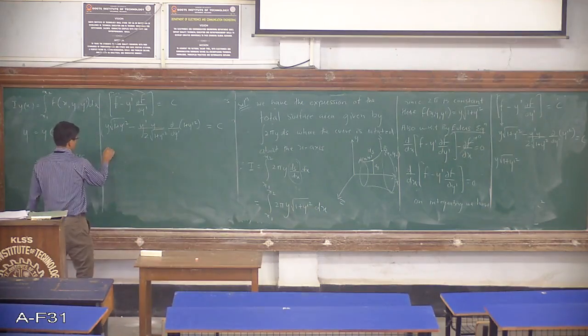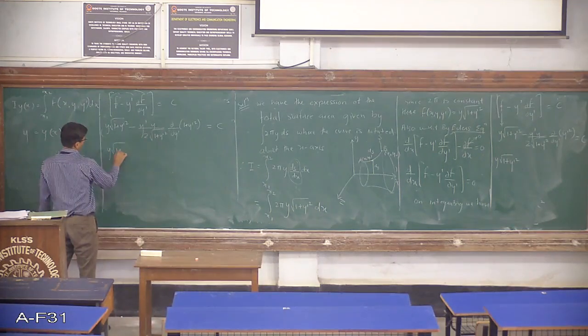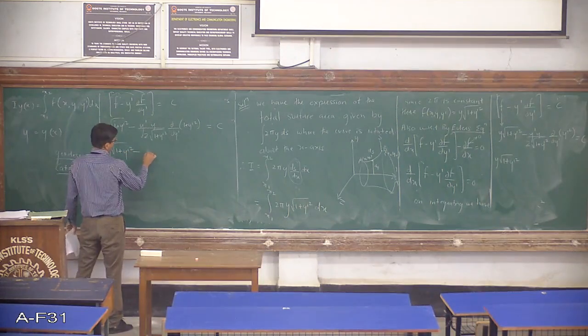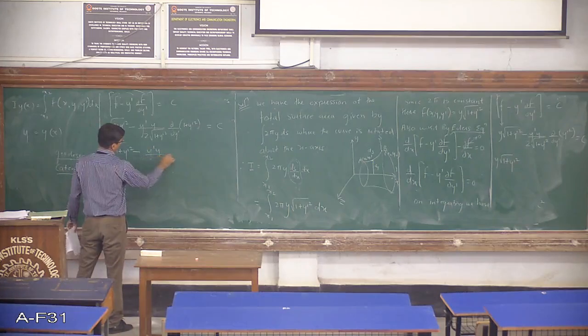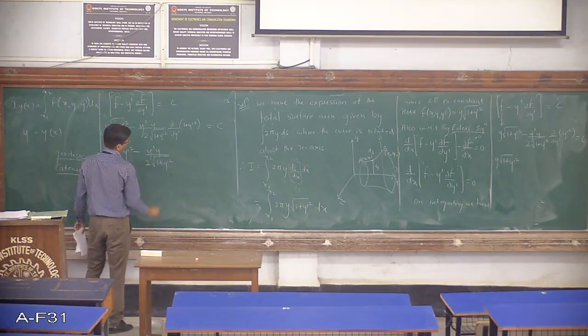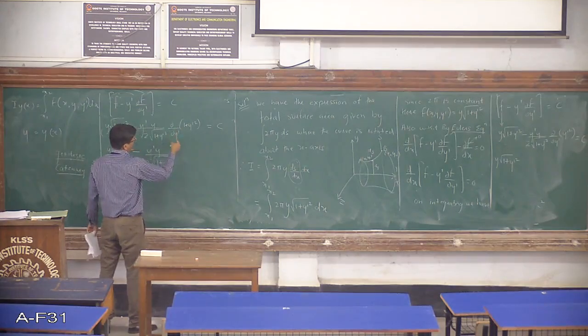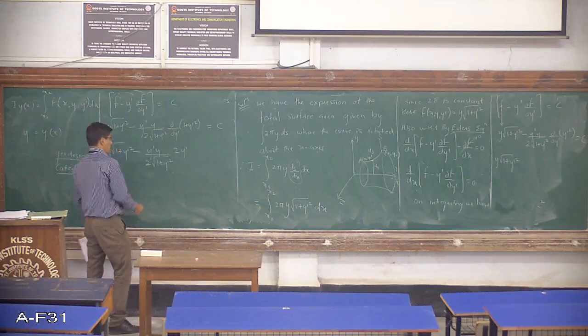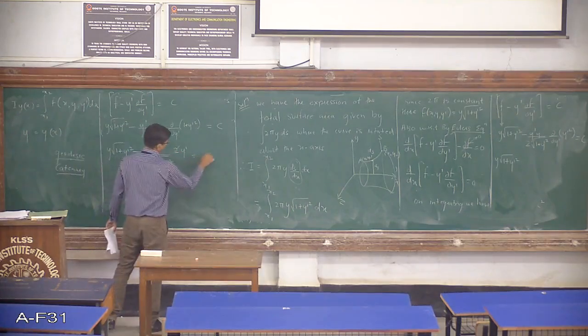So here this is y square root of 1 plus y1 prime square minus y prime into y divided by 2 square root of 1 plus y1 square, and the derivative, if you are taking partial, becomes 2 y prime, right? Now this 2 and this 2 get cancelled, right?